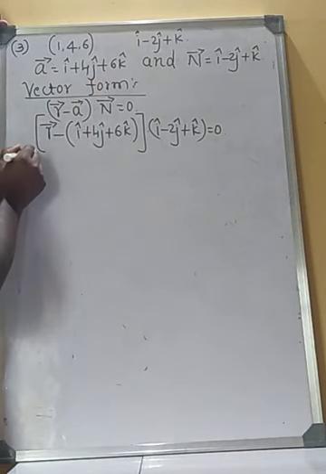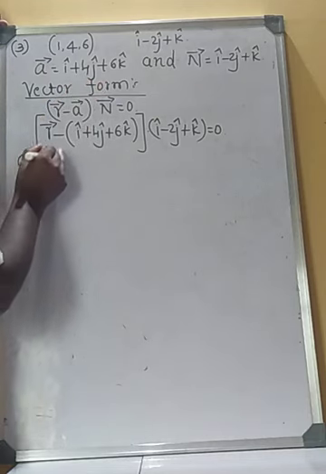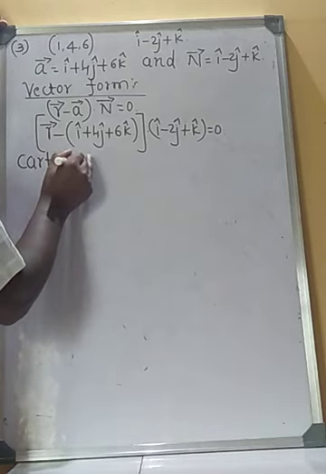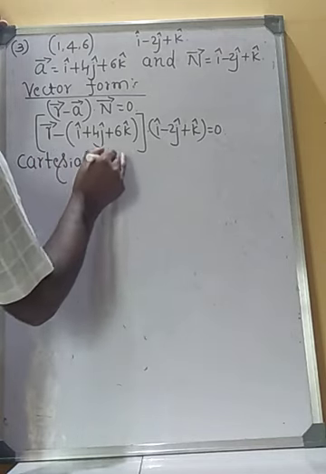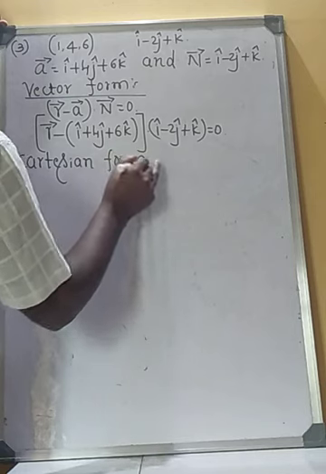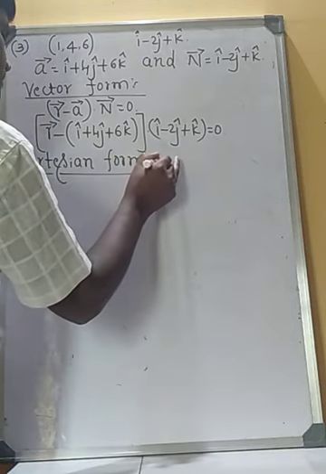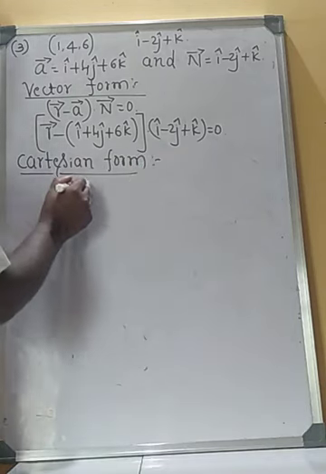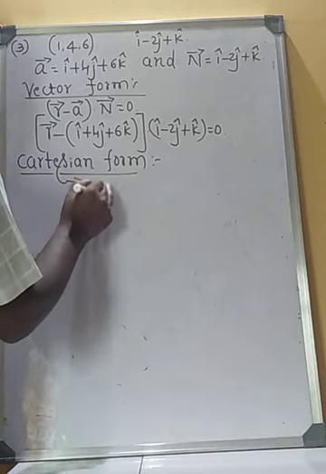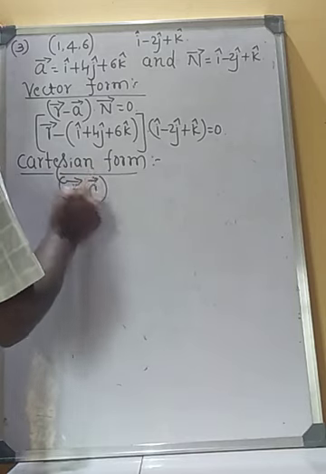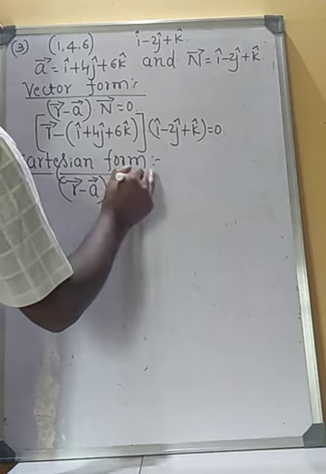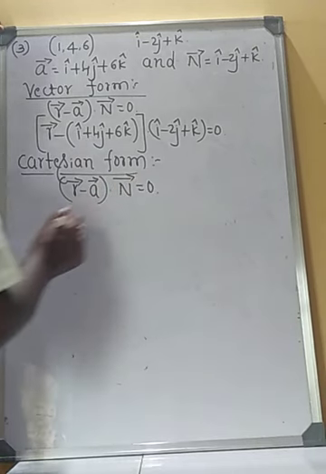And now write the Cartesian form of equation of plane. Also write the formula (r vector minus vector a) dot n vector equal to 0.